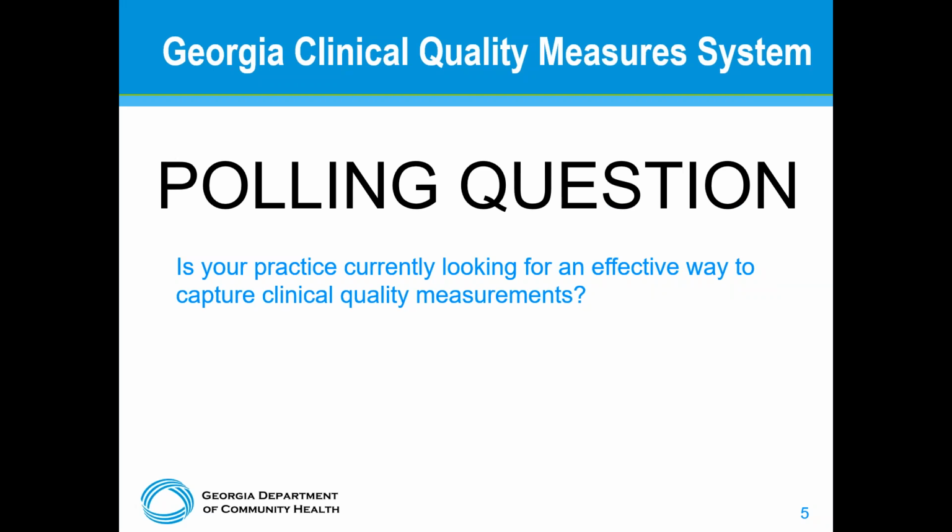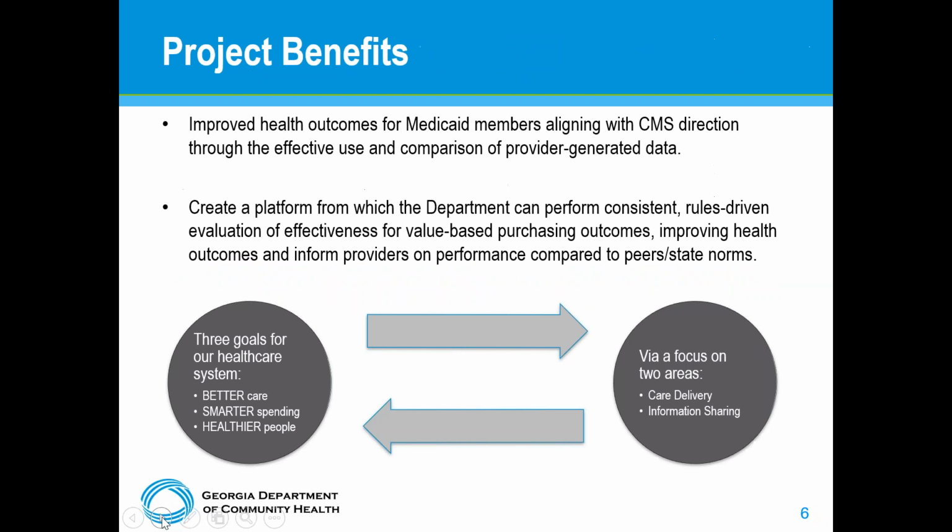So project benefits, right? At the end of the day, our goal, our mission is to improve health outcomes for Medicaid members. We're very much aligning with programs that if you participate with Medicare, you're seeing on the CMS side, where they are collecting very similar inputs, and we want to make assessments about how we're doing.